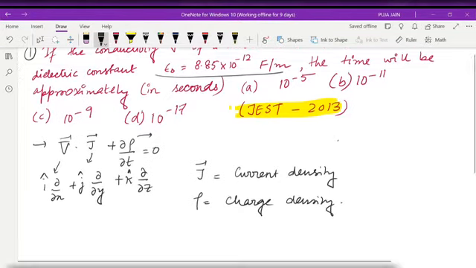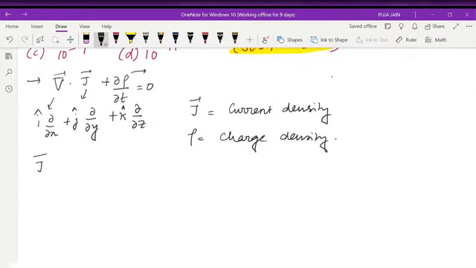Now we also know J is equal to sigma E, where sigma is the conductivity and E is the electric field intensity. This we get from Ohm's law. Now if we substitute this value, what will we get? Del dot sigma E plus del rho by del t equals 0.